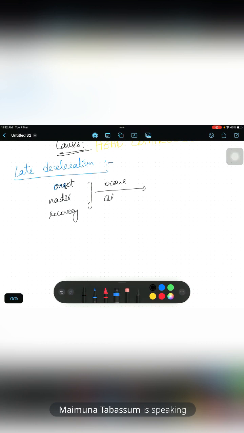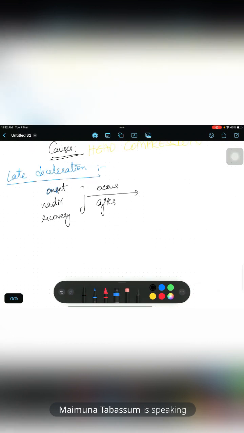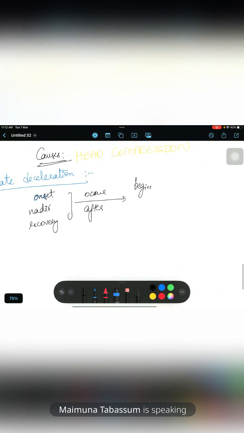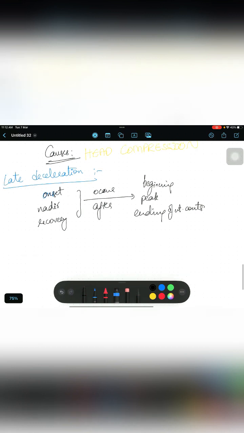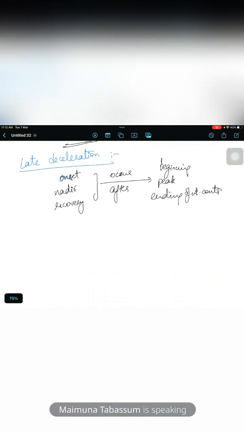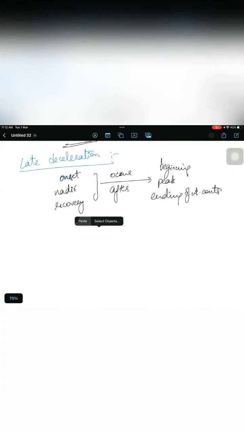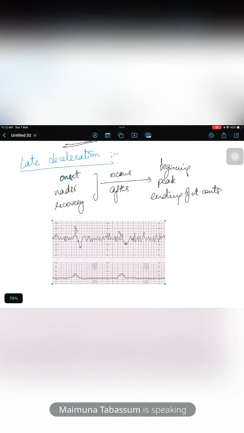Once I show you the picture, you will understand it easily. They occur after the beginning, peak, and ending of the uterine contraction. So this is the late deceleration.